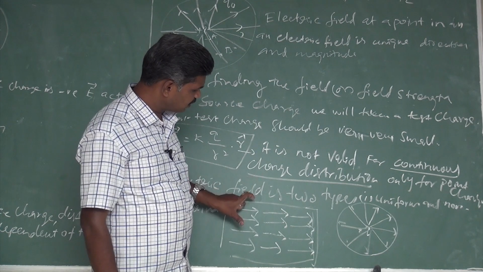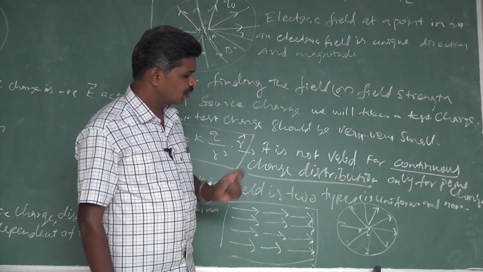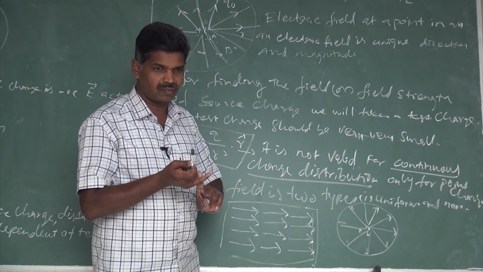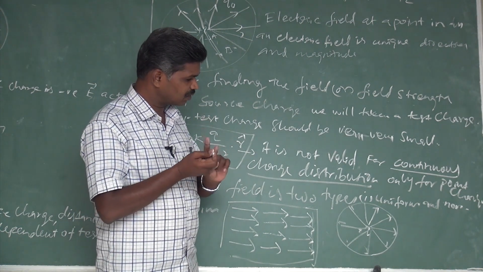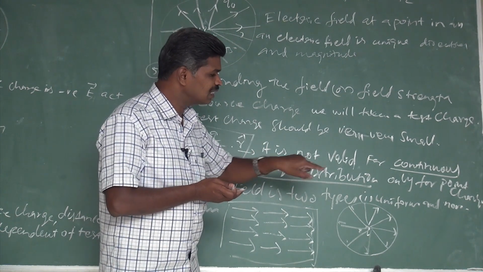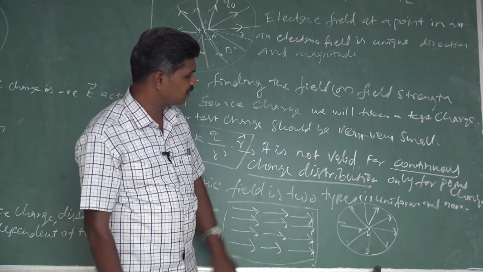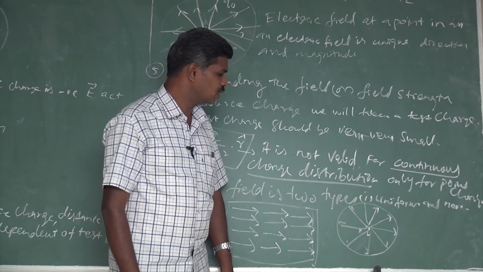That is called uniform. But non-uniform means either the strength alone differs, or the direction alone differs, or both differ at each and every point of the region of the electric field. That is an example of a non-uniform electric field.